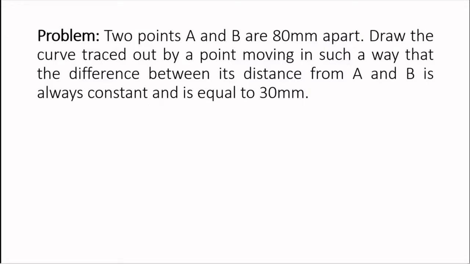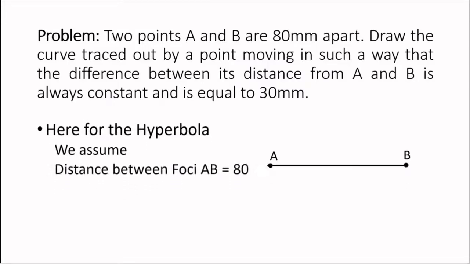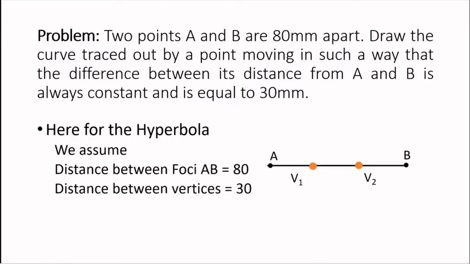So the points A and B represent the foci, with AB equal to 80 mm, already given in the problem, and the vertices V1 and V2 are 30 mm apart. The points are symmetrically located as shown in the figure.